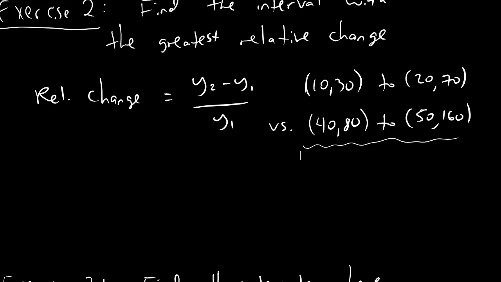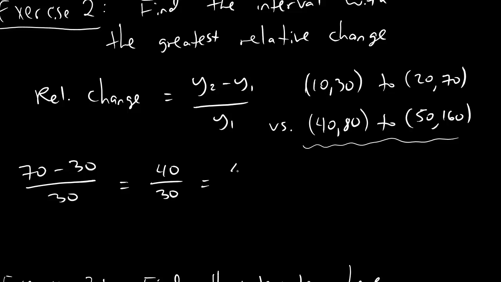Relative rate of change for the first pair is going to be y2 minus y1 over y1, and that's 40 over 30, which is 4/3. And 4/3 is approximately 1.33.